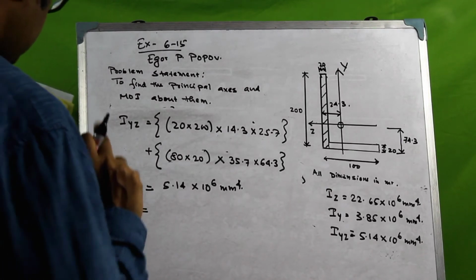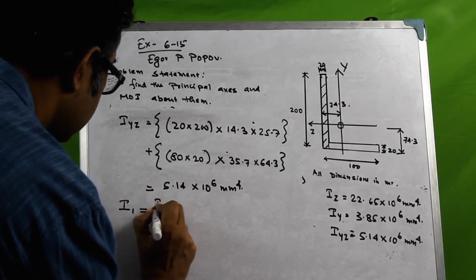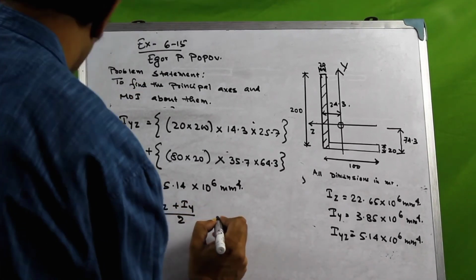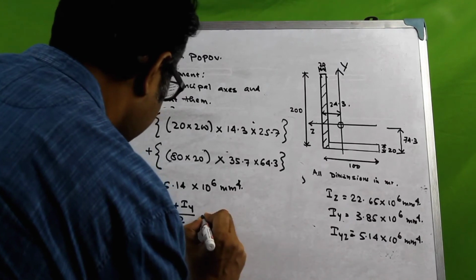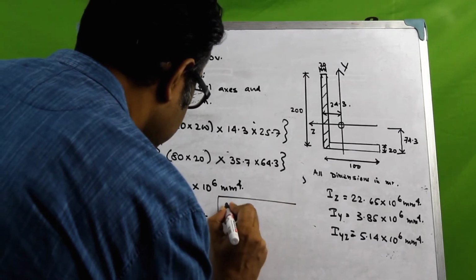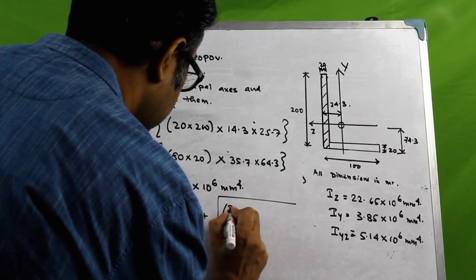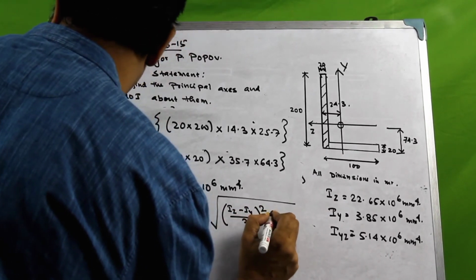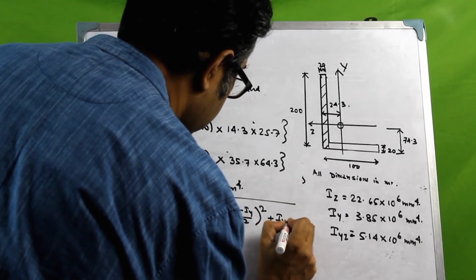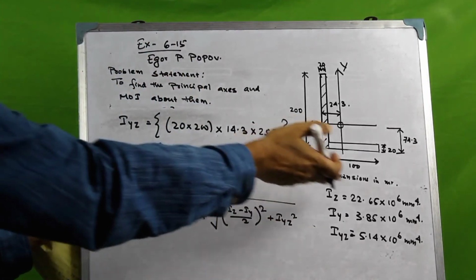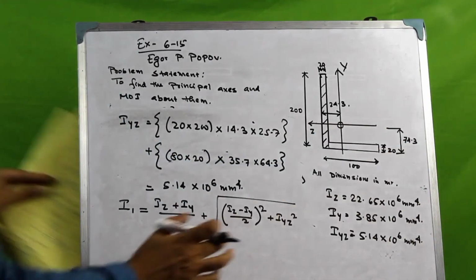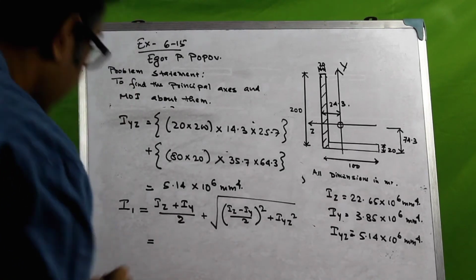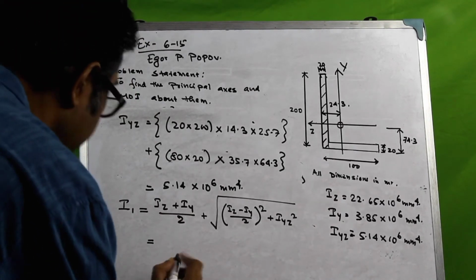So I1 would be given by, and add that with square root of, and you just substitute these values that we have recorded here, and that will give you the major principal axis moment of inertia as.